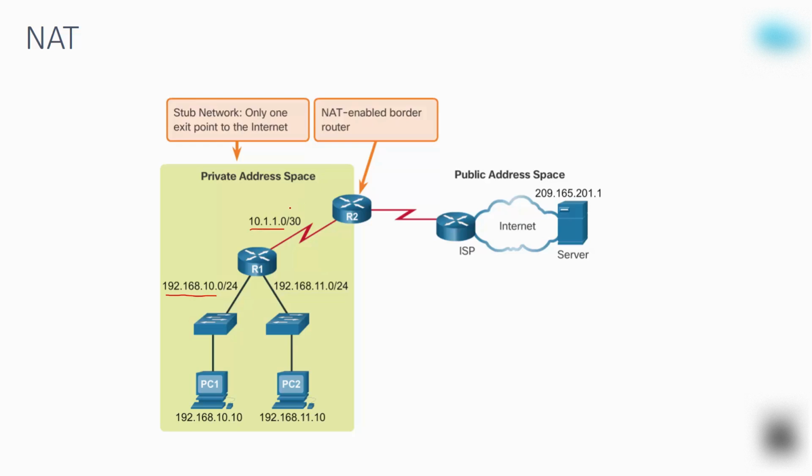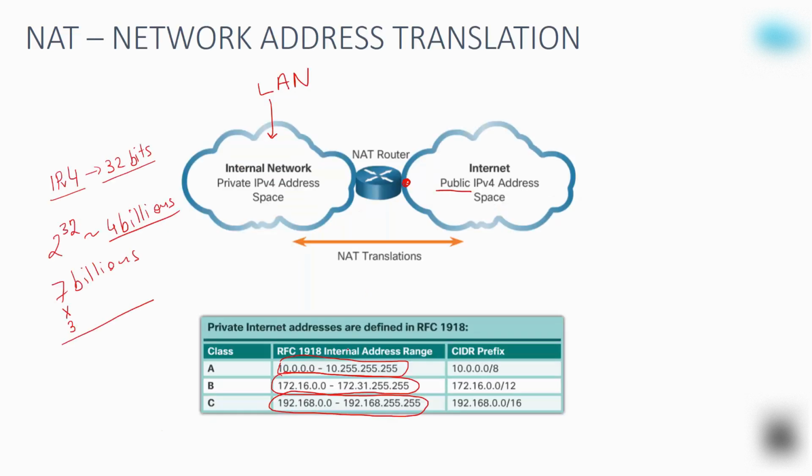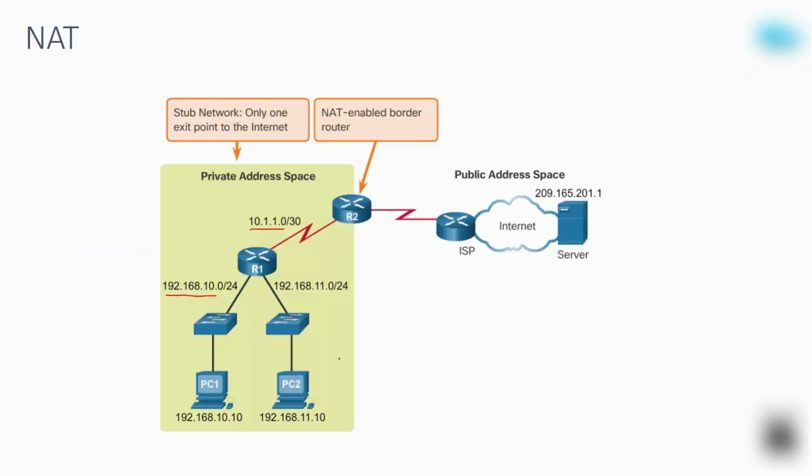These two addresses are from the range of the private addresses. In the internet, when we are connected to the ISP, we'll use one of the public addresses, for example 777.1. This IP address is in the range of the public IP addresses.